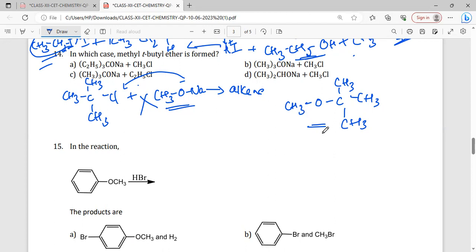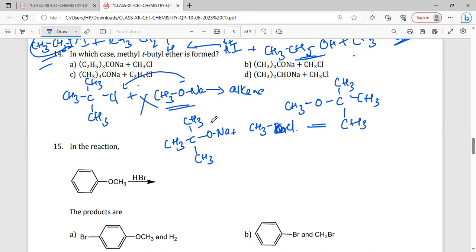So the only way to get this particular ether is by taking the opposite. I'll take sodium tertiary butoxide, and I'll take a simple alkyl halide, methyl bromide, or sorry, simple methyl chloride, anything is fine.